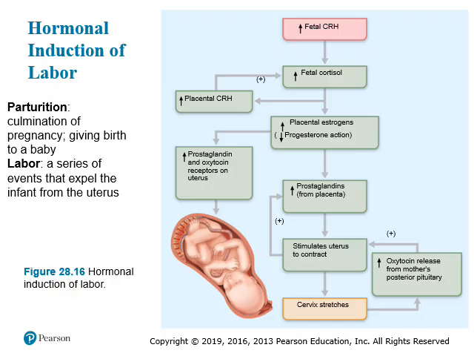It antagonizes the calming effect of progesterone, and then it leads into what we call Braxton Hicks. This Braxton Hicks contraction is also called false labor. It increases the sensitivity of the myometrium to chemical messengers that cause it to contract, which eventually leads to the cervix stretching and oxytocin being released.